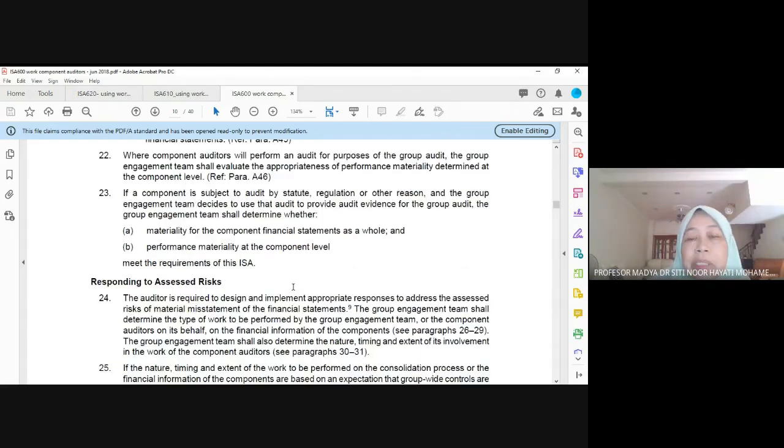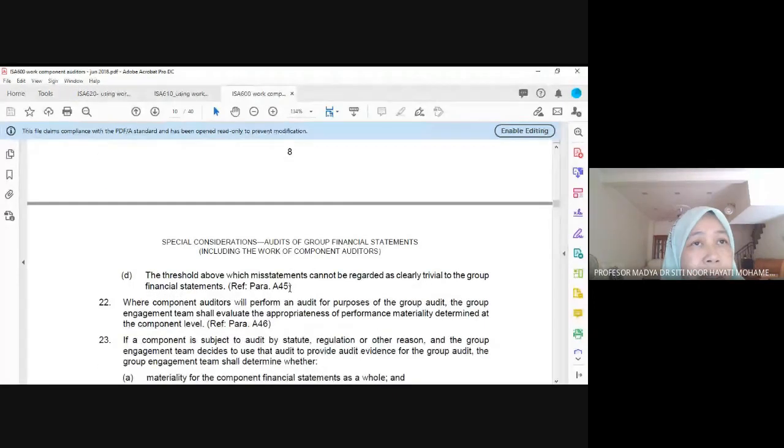Right, so you see here that these are the important considerations of the group auditor when using the work of the component auditor. So if it can be used, then the group auditor uses that because they feel that it's reliable.